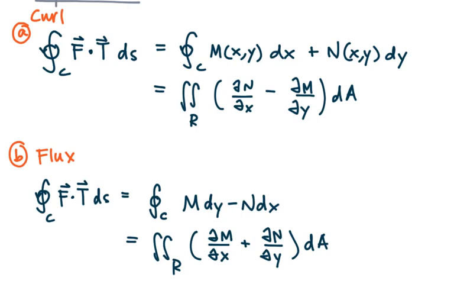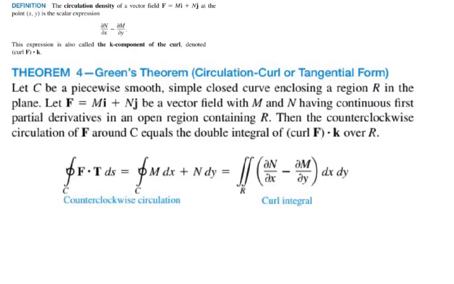And let me pull in the definitions from the text because those just look a little nicer. They have more words. You can pause and read it and write more. So here we see how we calculate circulation density, and we see that showing up over here in my curl integral.